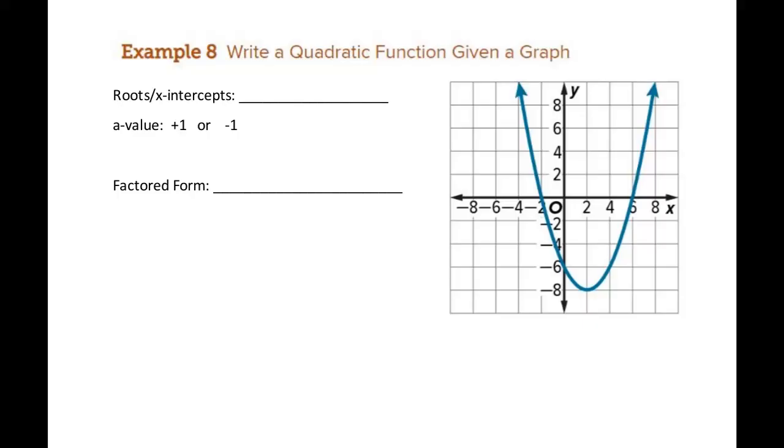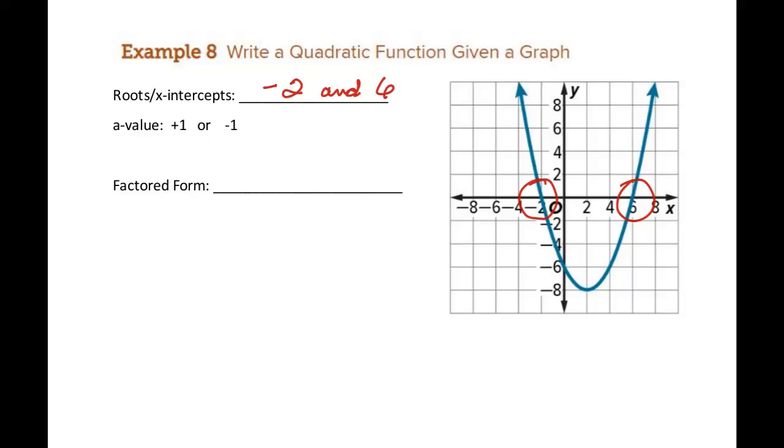Circle the roots by looking at that graph. 3, 2, and 1. Hopefully you circled -2 and 6 because that is where the graph crossed the x-axis. So our roots are -2 and 6. Remember, no commas.